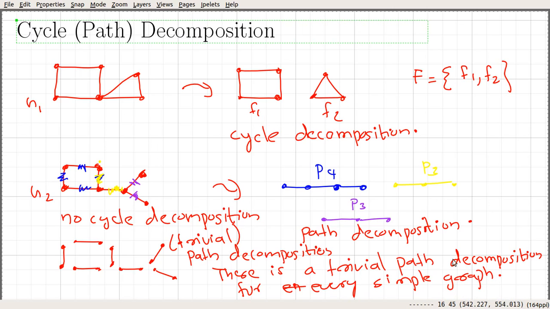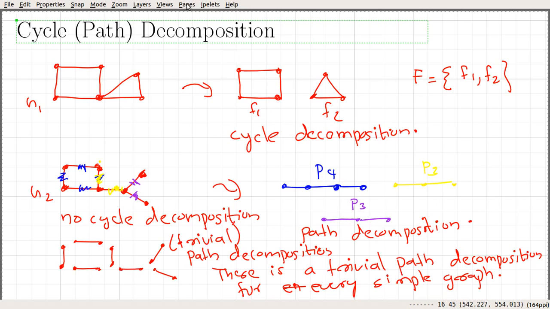You can always find a trivial path decomposition for every simple graph. What you do is you just list the edges in that graph. They are disjoint, and if you take the union, you will get the edge set corresponding to the original graph. So there is always a trivial path decomposition for every simple graph.